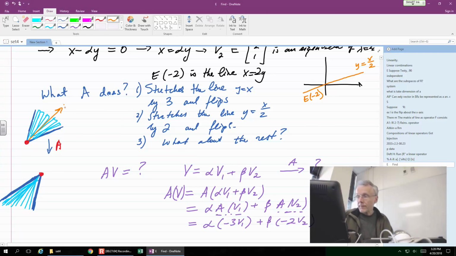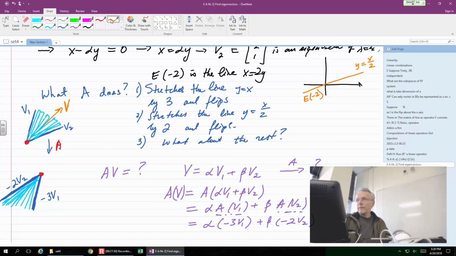So if I have a v here somewhere, then what happens to it under A? It's also a linear combination of the result. So this is v1, this is v2, this is negative 2 v2, and this is negative 3 v1.